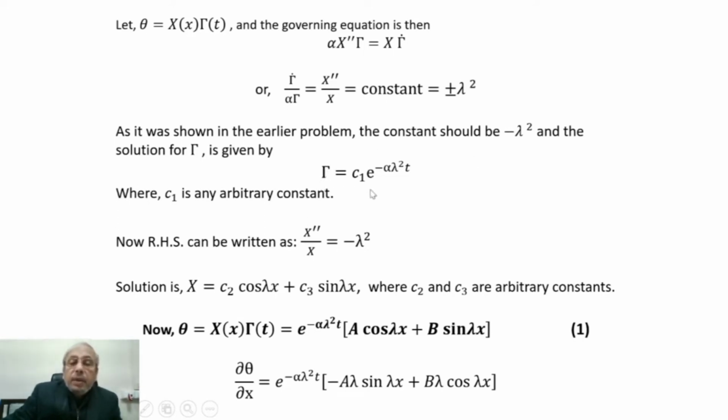So gamma equals C1 e to the power minus alpha lambda squared t, where C1 is any arbitrary constant.